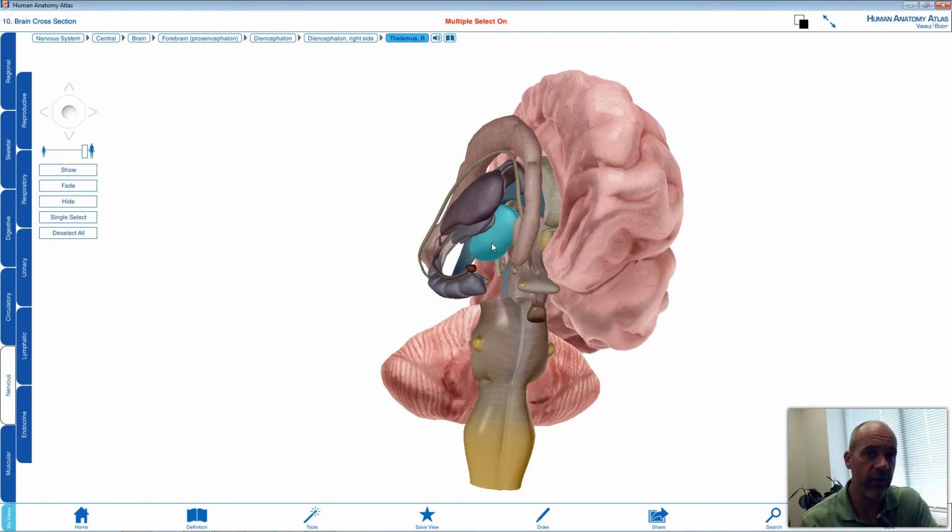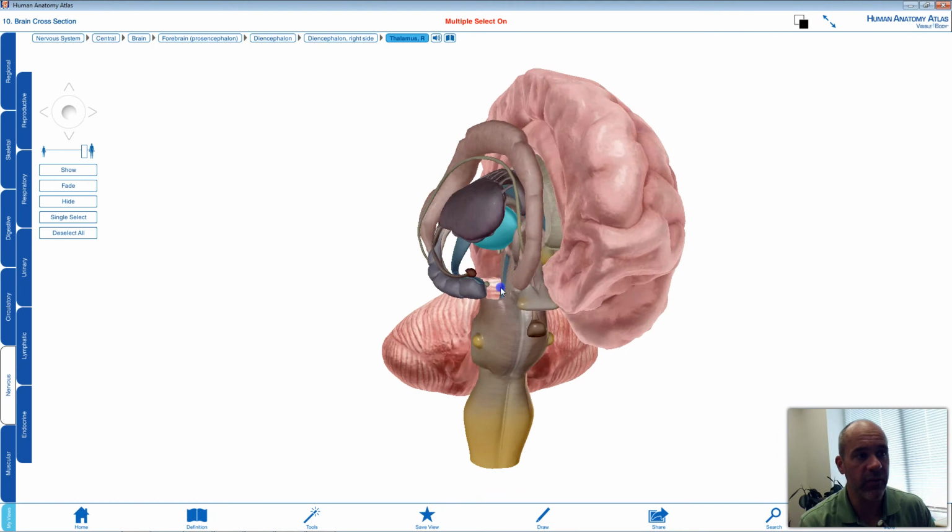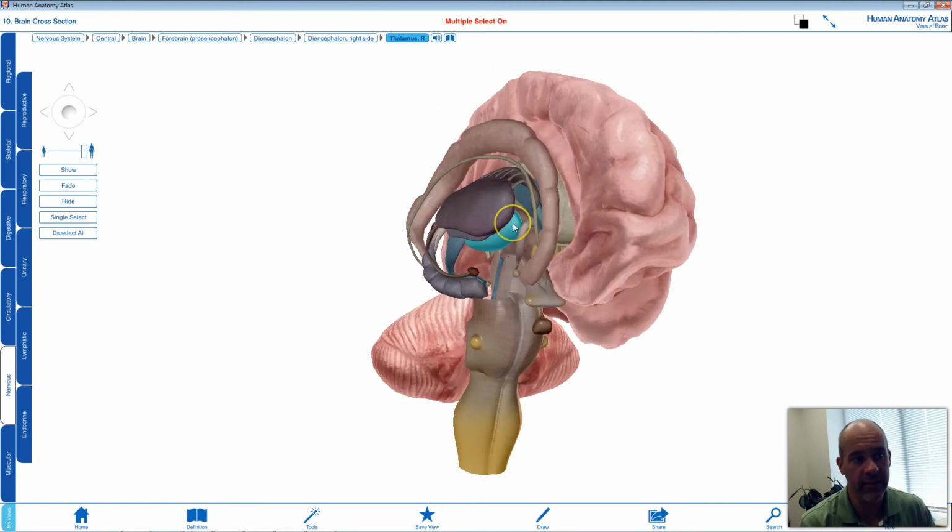And inside there you've got cell bodies of neurons, and those cell bodies are involved in receiving incoming nerve impulses that are coming up from the spinal cord and the brain stem. And then the thalamus processes information and decides where it needs to relay that information up to the cerebrum. So it's kind of a routing station.